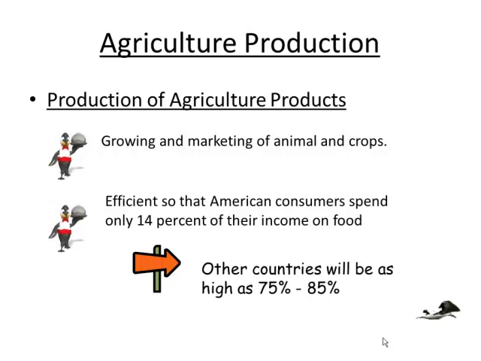If you look at other countries, where they spend about 75 to 85% of their income on food, they have very little disposable income, which means very little money to spend on other things.